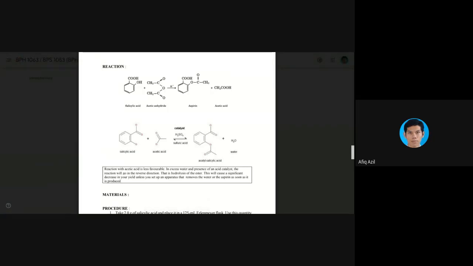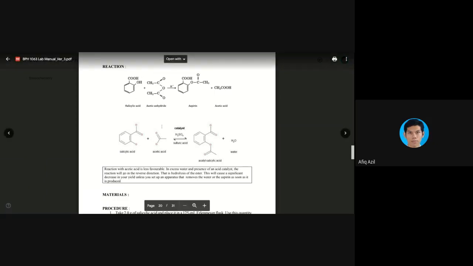You can mix heroin together with this acetic anhydride to synthesize morphine, which is a very good analgesic drug, but mainly used as a recreational drug.